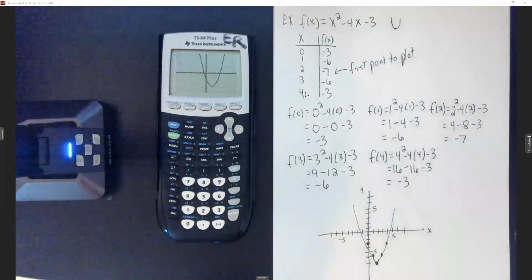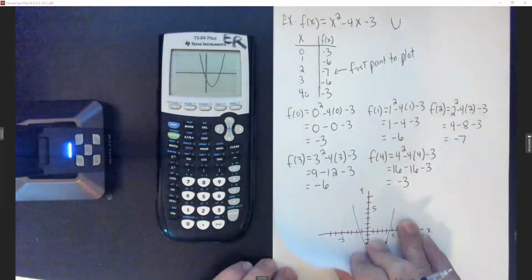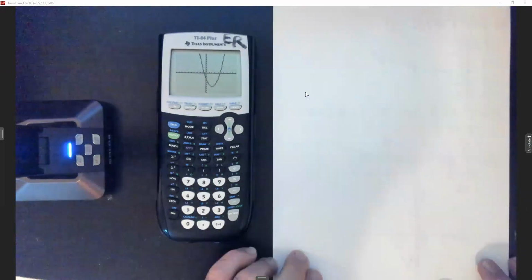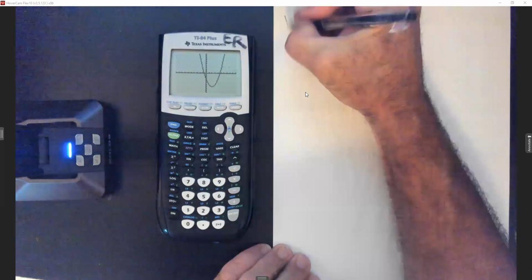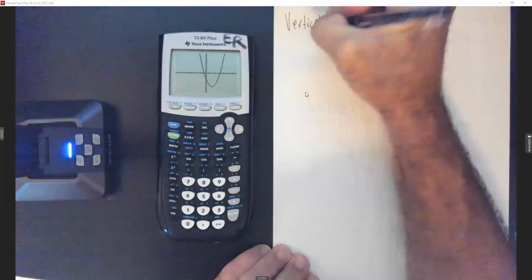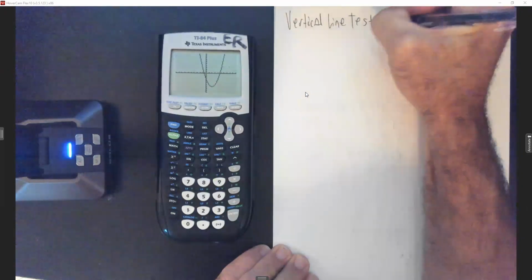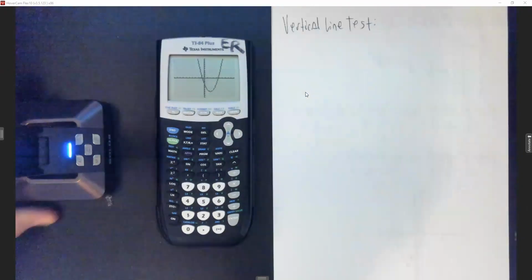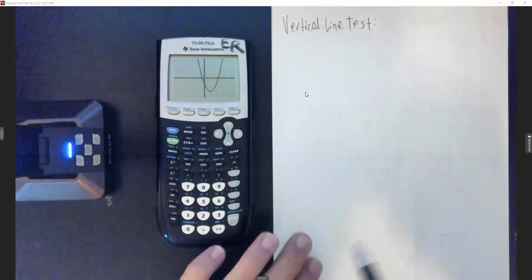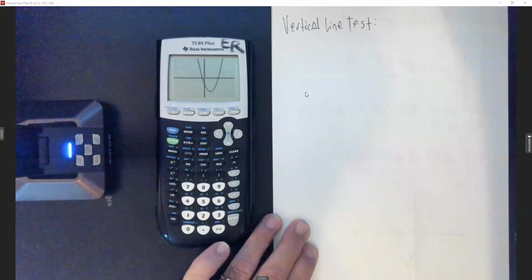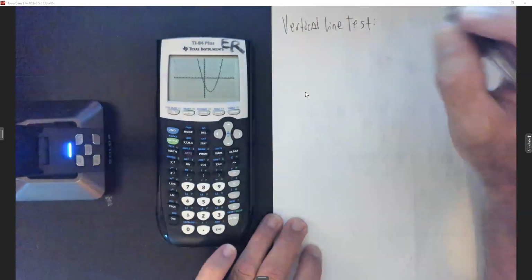Alrighty, so the last thing we look at in this section is what we call the vertical line test. Remember, a vertical line goes straight up and down. So here's the thing about the vertical line test.